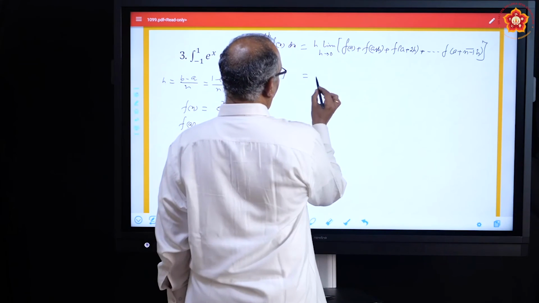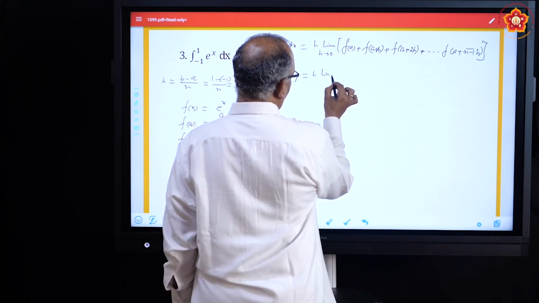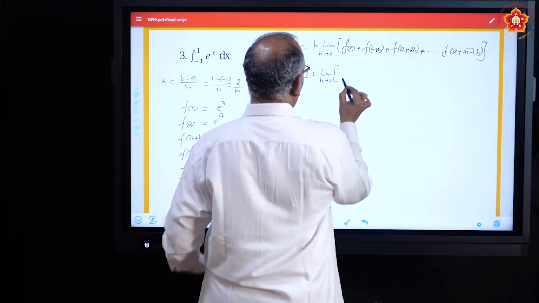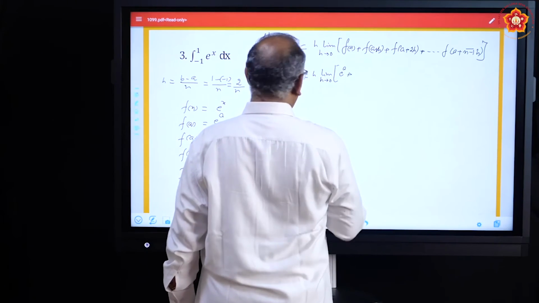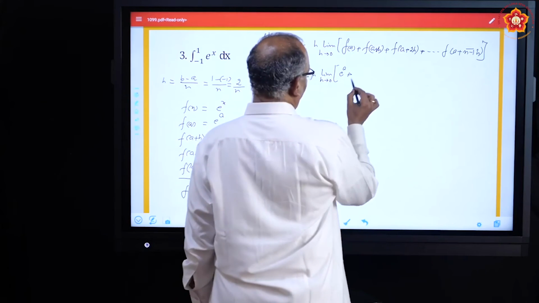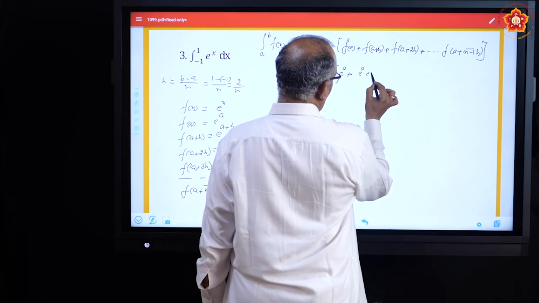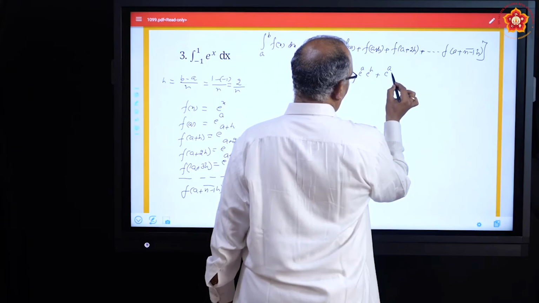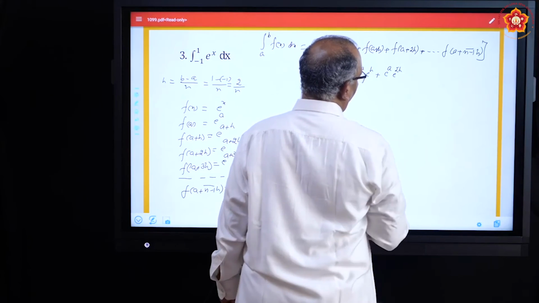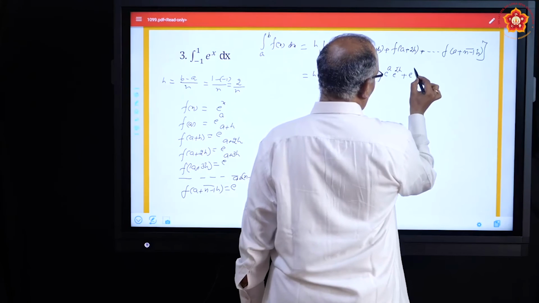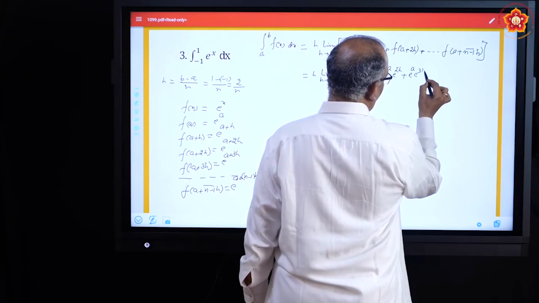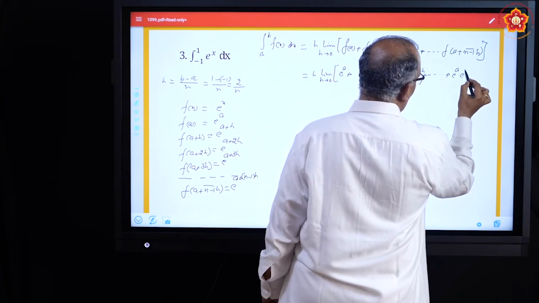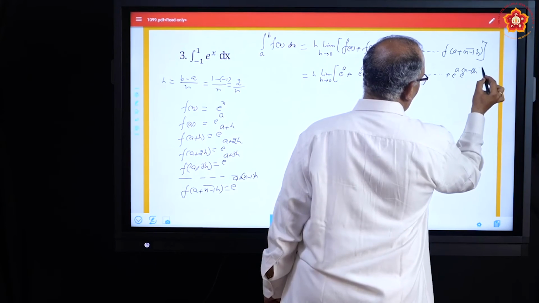You will get h outside. f(a) is e to the power a, plus f(a plus h), which can be written as e to the power a, e to the power h, plus next one e to the power a, e to the power 2h, plus e to the power a, e to the power 3h, and so on, up to e to the power a and e to the power (n minus 1) into h.